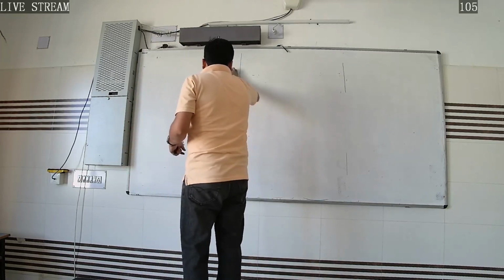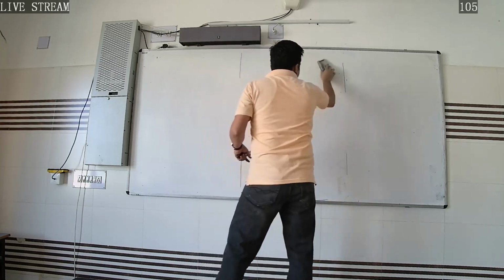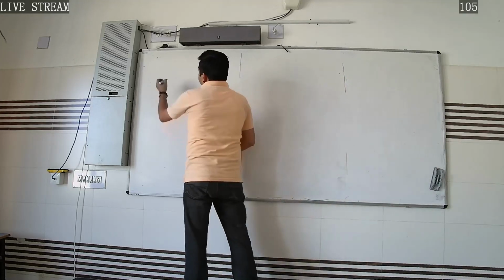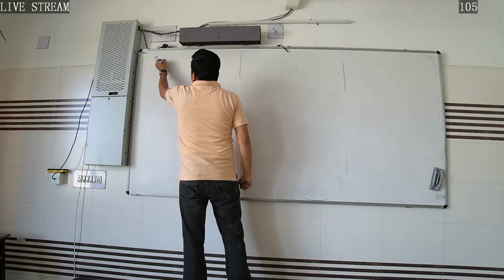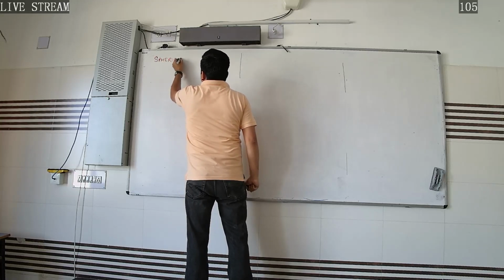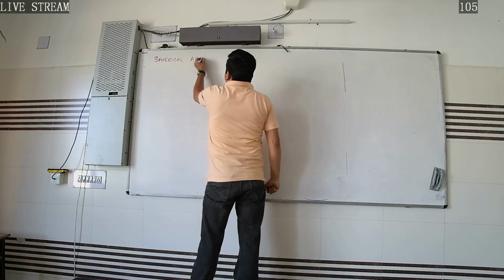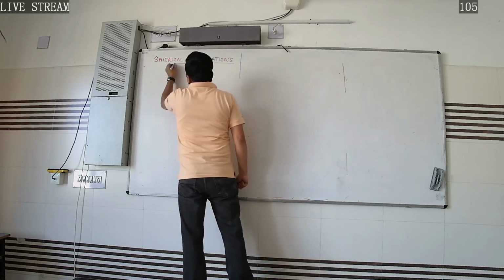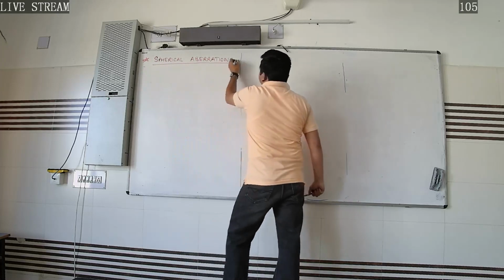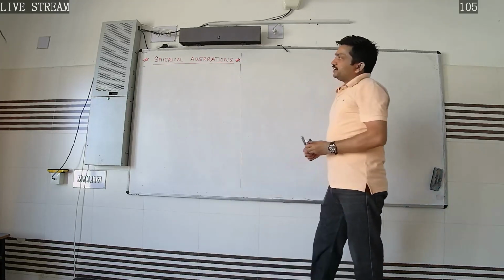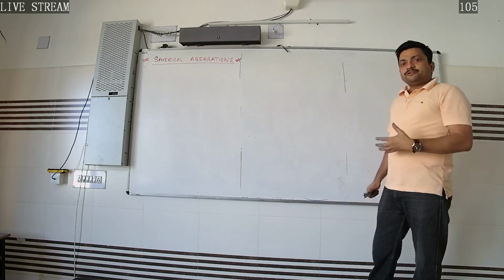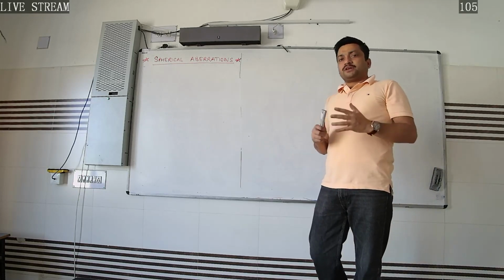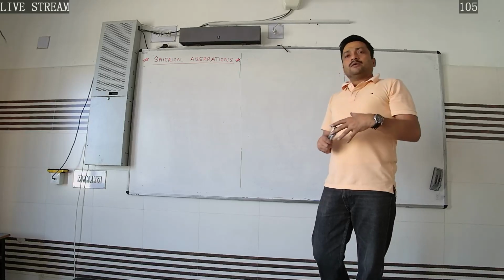Spherical aberration. We are going to study spherical aberrations, how we can define them and what are the various methods to minimize them. Spherical aberration is the inability of a lens of large aperture to bring the rays of light after refraction to its principal focus.